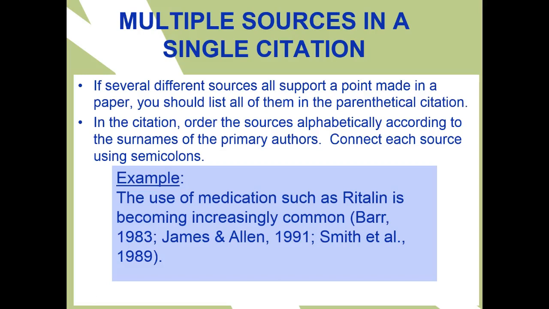So when we want to put multiple journal articles or books or whatever in a single citation because we're generalizing, remember the rule is place them alphabetically, and at the end of the sentence or the paragraph, and that would give you a correct citation.